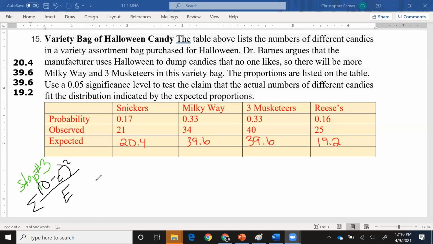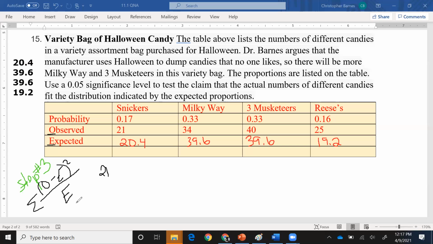All right, so it would be the expected, right? Yep. 20, what? 20.4. All right, now hold on. Remember this. This O right here is for observed, and then the E right here is for the expected.